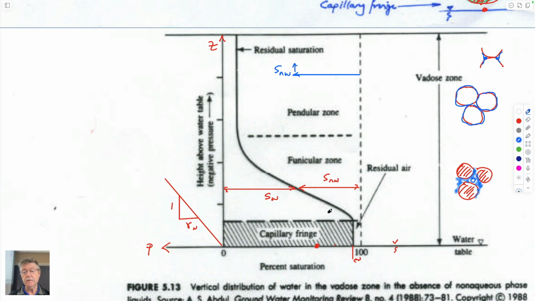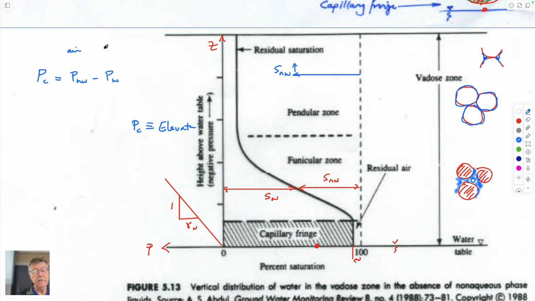It should conform to the capillary pressure versus saturation curve, where instead of defining it in terms of this vertical axis, it can be defined in terms of capillary pressure, but it's also equivalent, I guess, to elevation. Because we know that capillary pressure is the pressure in the non-wetting minus the pressure in the wetting.